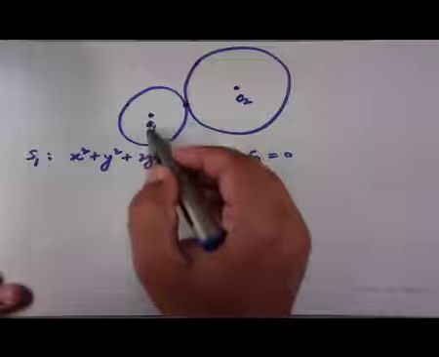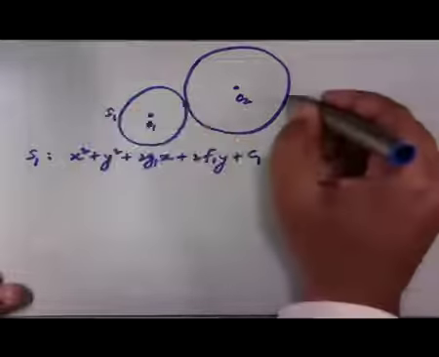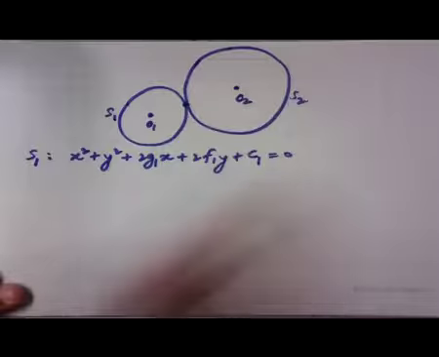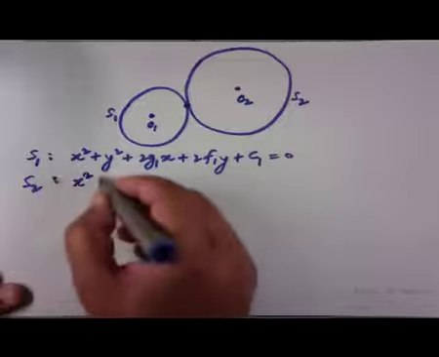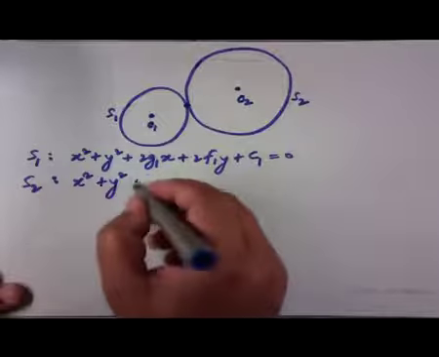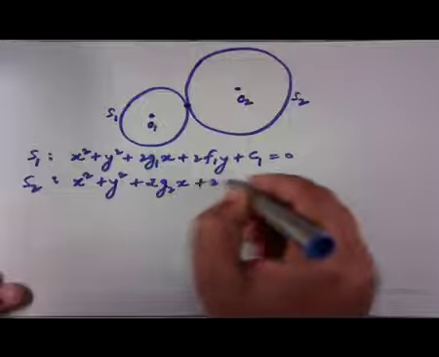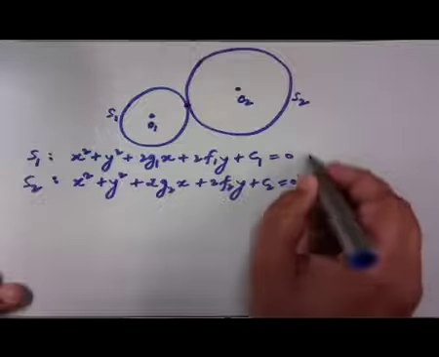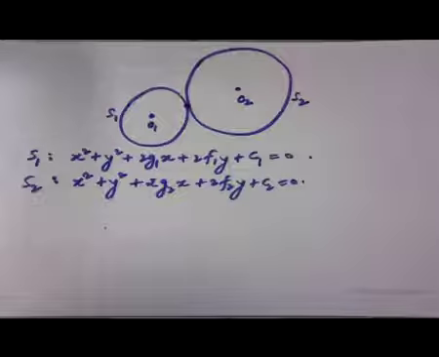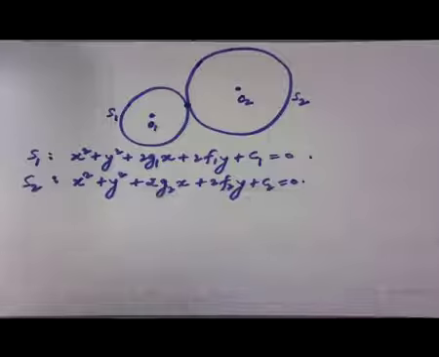So, the centers are O1 and O2. This is the first circle S1, this is the second circle S2, this is the equation of the first circle, and this is the equation for the second circle.